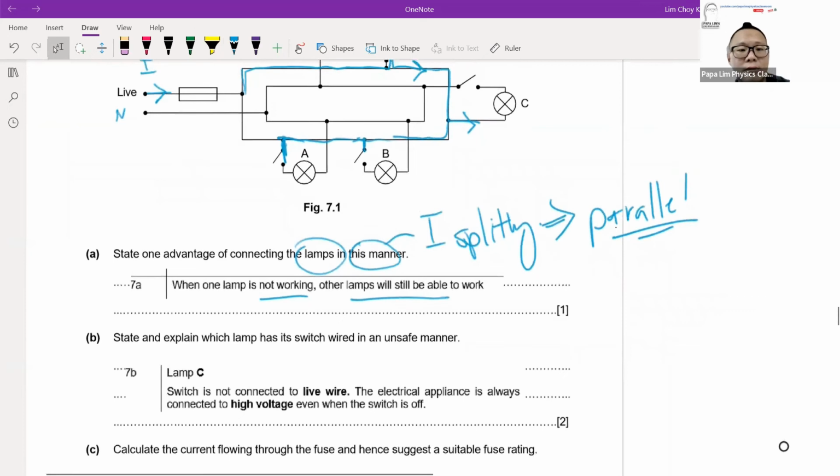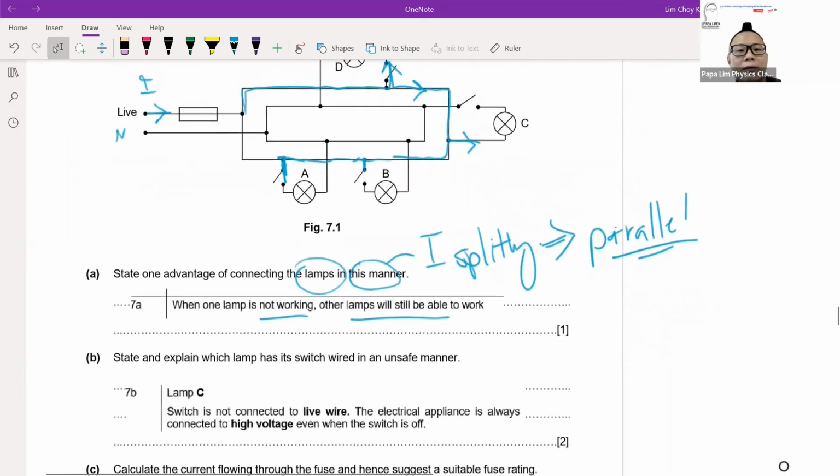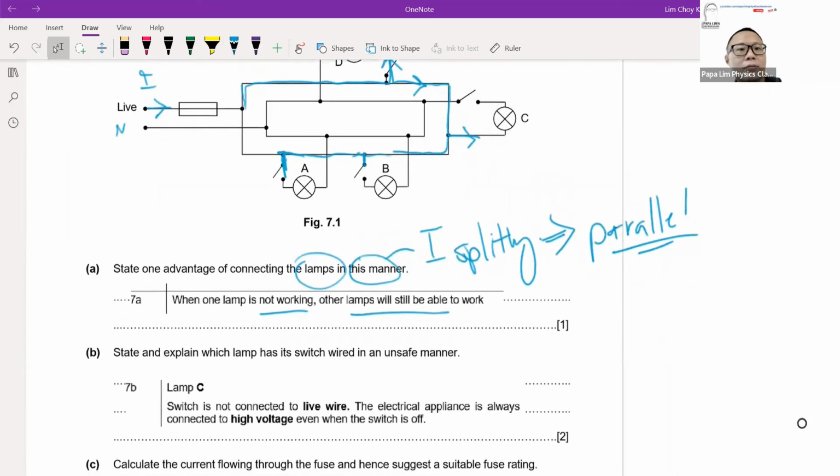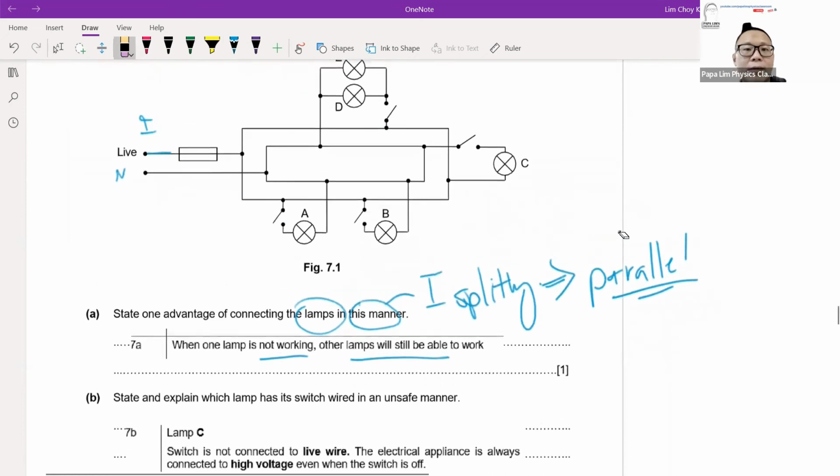Now there is a light bulb that is connected in an unsafe manner. So which light bulb is it? Unsafe manner meaning what?